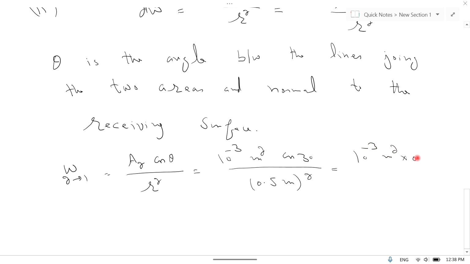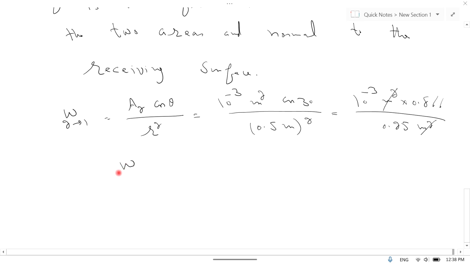Cos 30 is 0.866, divided by 0.25 square meter. The square meter cancels, and the solid angle subtended is 3.46 multiplied by 10 power minus 3 steradian. This is the solid angle, and its unit is steradian.